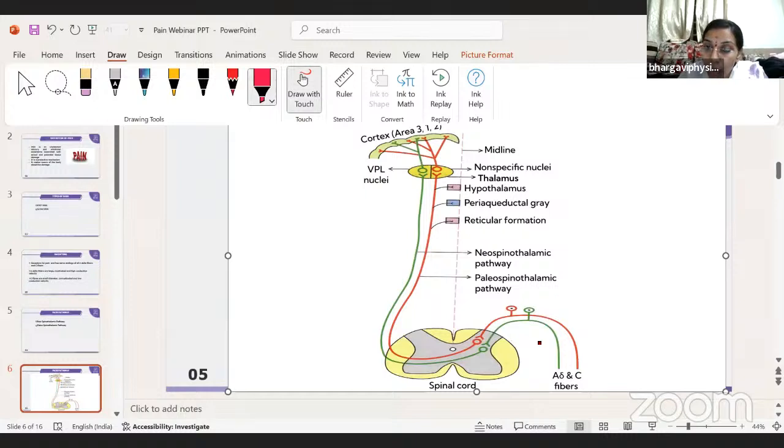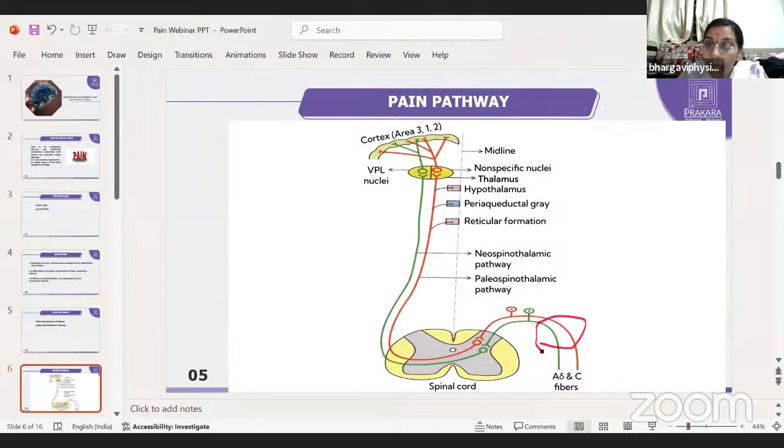If you observe, these are the A delta fibers and C fibers, which are carrying fast and slow pain sensations. And this is the dorsal root ganglion, where you have the nerve cells, and those neuron fibers are our A delta fibers as well as C fibers. As these are bipolar neurons, two poles will be present, two axons are going to be present.